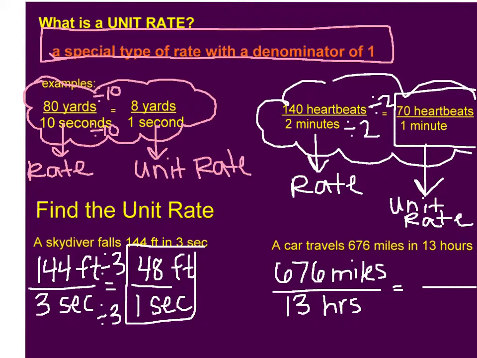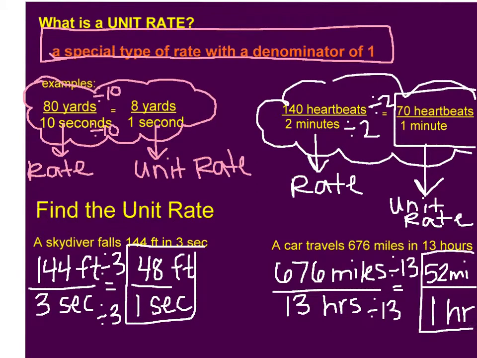It's almost like we're going back to those reducing of our ratios like we learned. So we're going to divide away 13 from both. That gives us 1 hour in the denominator, and then 676 divided by 13 is 52. So we're left with the unit rate of 52 miles per hour.